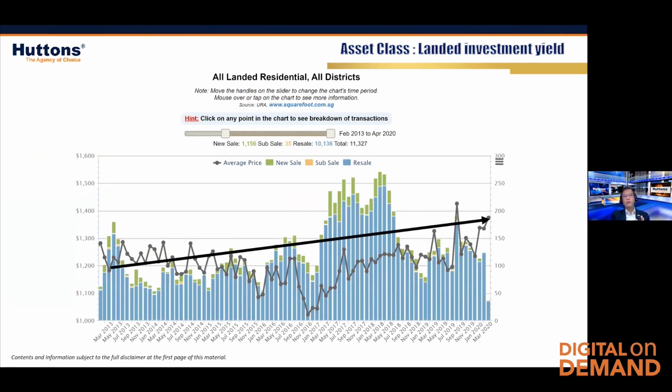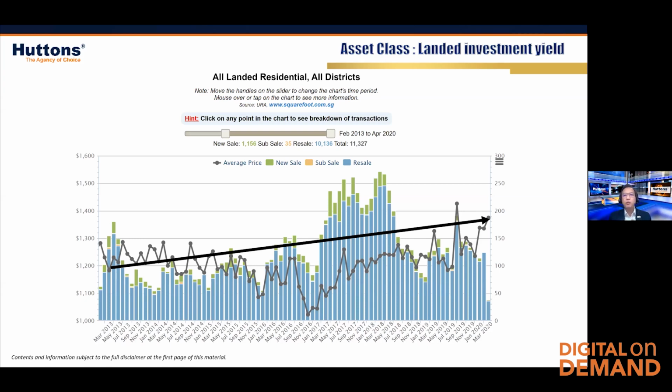From here, I hope you could understand and appreciate what I'm trying to share with you. For 2013 to now, you can see that this is basically all the landed accounts added up together in all the districts.